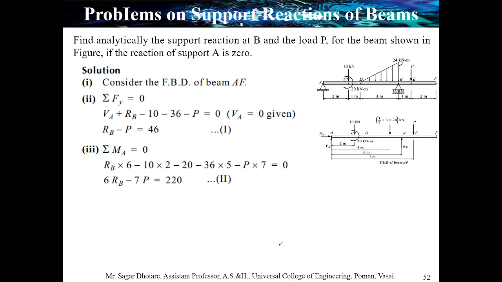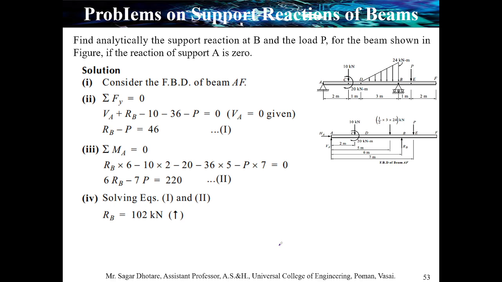Now we have two equations, equation 1 and equation 2. As there are two equations with two unknowns, we can easily solve them by putting RB is equal to 46 plus P from equation number 1, and simplify to calculate the value of P. Or you can convert P in the form of RB, whichever is simpler for you.